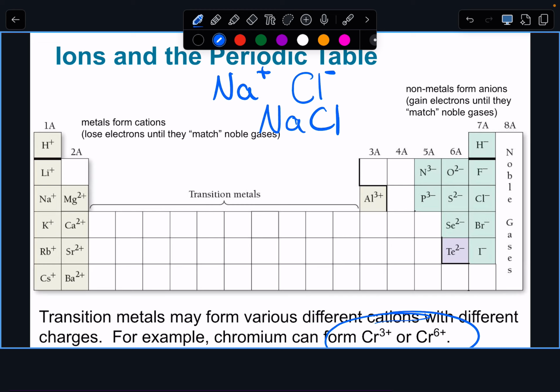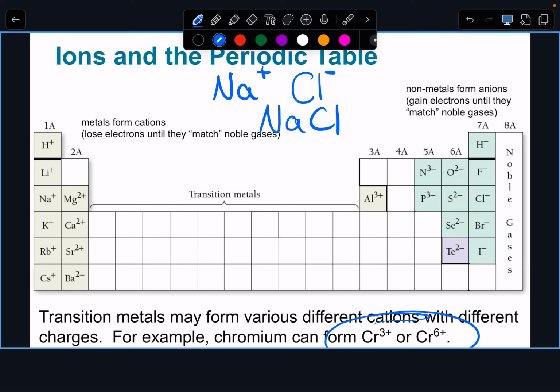In covalent compounds, which is a different type of bonding we haven't talked about yet, so don't stress if you're wondering what she is talking about. In the next chapter, we'll talk about the different types of bonding, but there are lots of other bonding where you don't have a loss or gain of electrons. If you remember from high school, we call it electron sharing rather than electrons being lost, gained, or transferred.